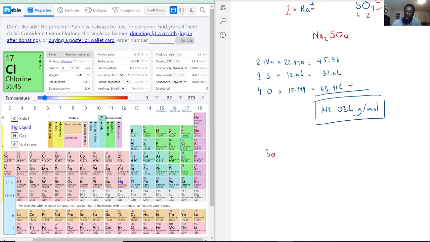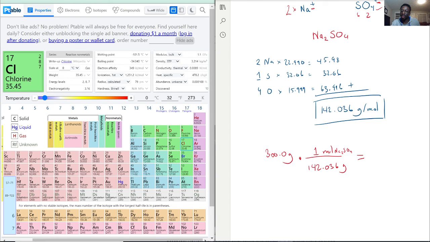We have 300.0 grams. And now we have the molar mass. In order to get the grams to cancel out, we need to make sure the grams are now in the denominator. So we have 142.036 grams per 1 mole of Na2SO4. Then we just divide 300 by 142.